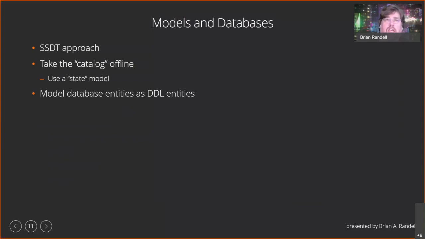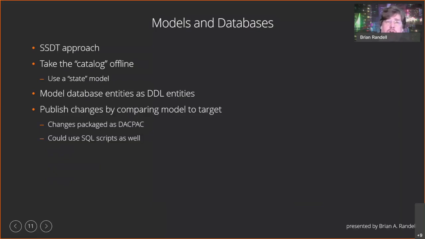So rather than using, say, a graphical tool to manage the changes to a table, we can do that with create table statements. And by breaking down our database into this set of DDL files, we have these individual entities that we can then check in and check out of version control, whether it be something like SVN, TFVC, or what I'm going to use, Git.